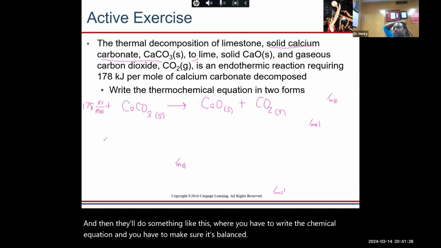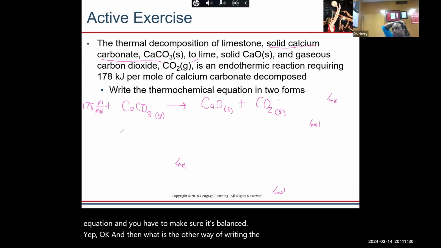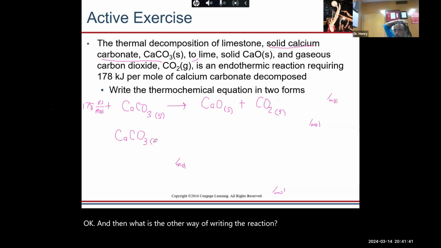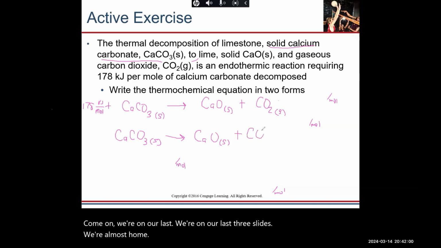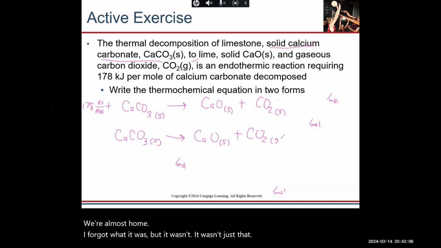What is the other way of writing the reaction? Come on, we're on our last 3 slides. Almost home. Wasn't it just the enthalpy of something equals 178 kilojoules?